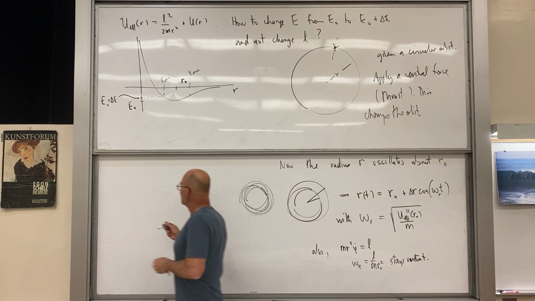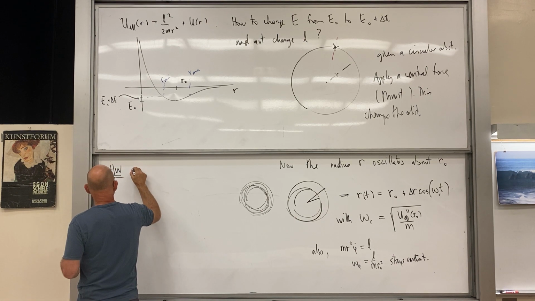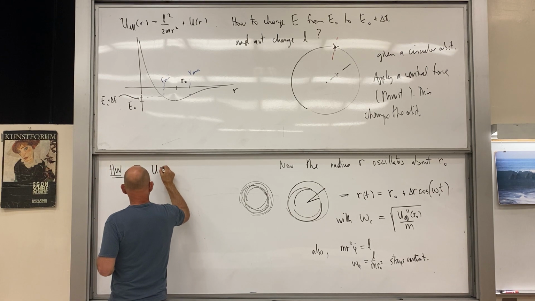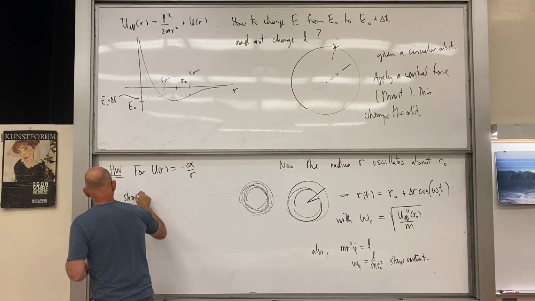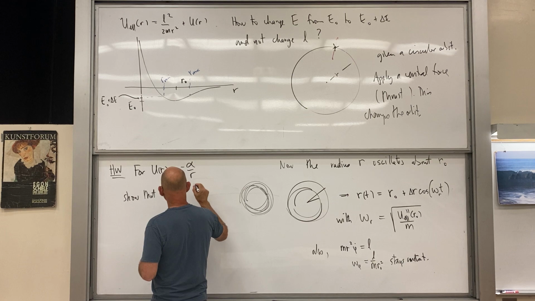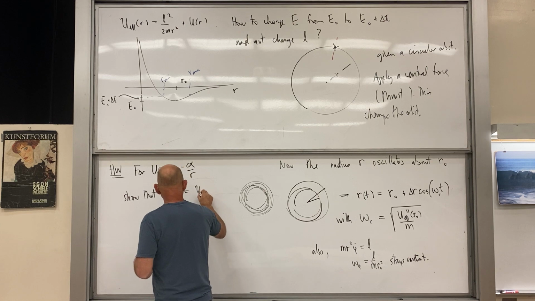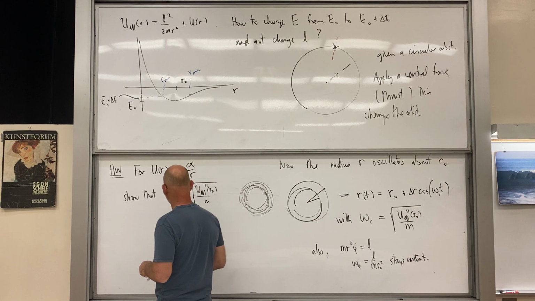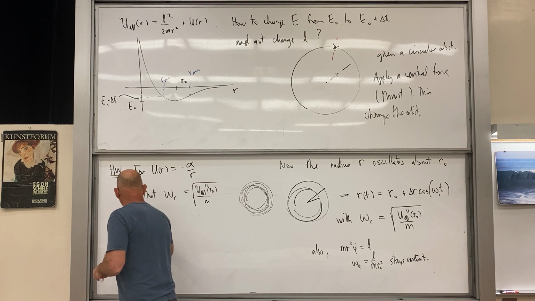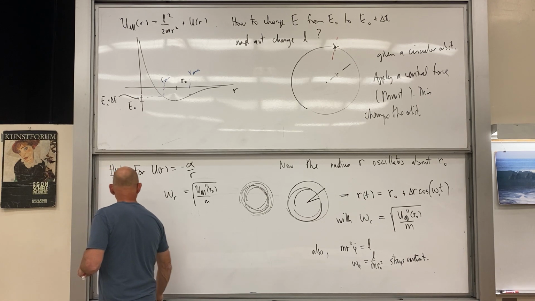So homework: for u of r equal to minus alpha over r, show that omega sub r, which I just gave its definition here, the square root of u effective second derivative at r0 over m, equals omega sub phi.